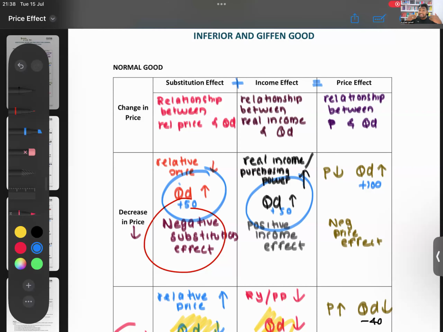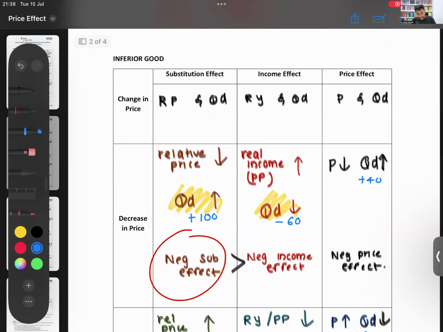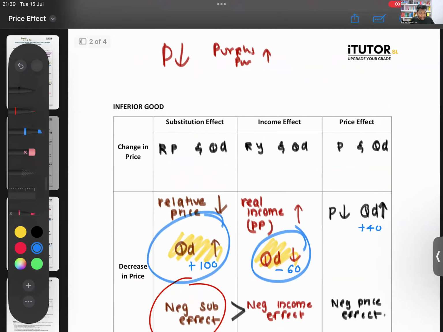But in inferior and Giffen goods, the two effects go in opposite directions. They offset each other. This one is saying, look, I am increasing. The other one is saying, no, I am decreasing. They are offsetting each other. Here they are enforcing each other.